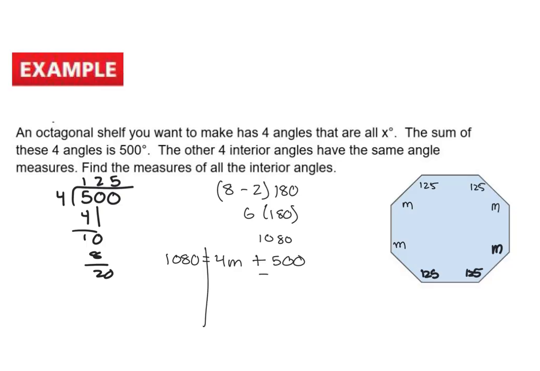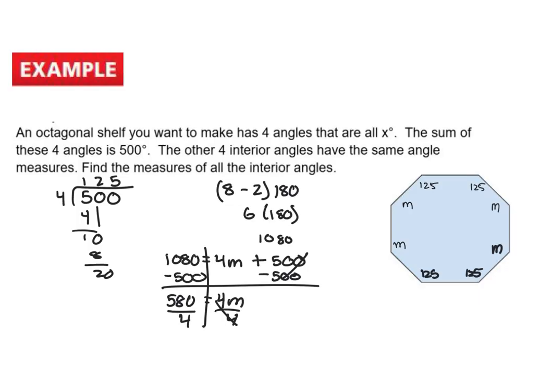Take away 500 from both sides. We end up with 4m equals 580. Divide both sides by 4. And m equals 145. So now we can come back and we can say these m's are all 145 degrees.